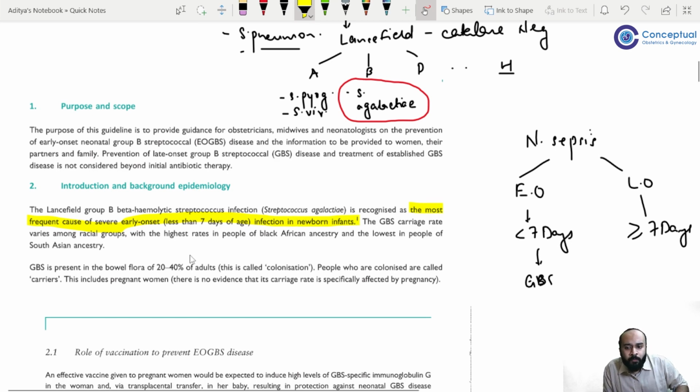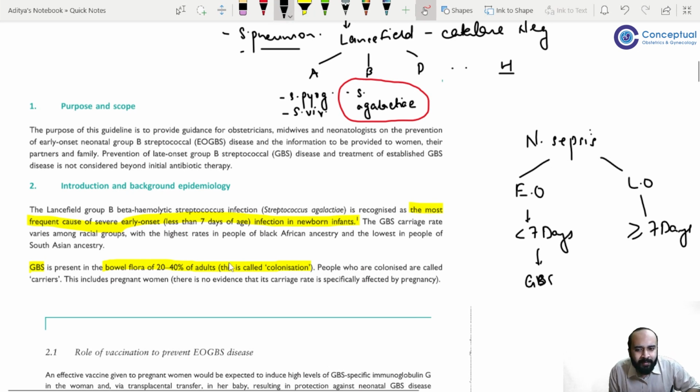So where is this Group B Streptococcus or Streptococcus agalactiae? Both are the same. Throughout this I would use either of those two nomenclatures. So Group B Streptococcus is present in the bowel flora of 20 to 40% of adults. Now, we call it colonization. We can also call it commensals, but commensals indicate something that is present in every person.